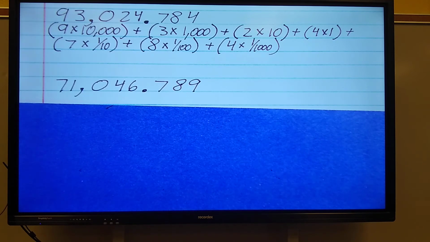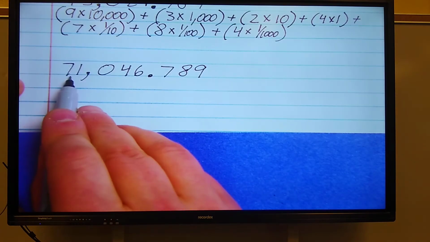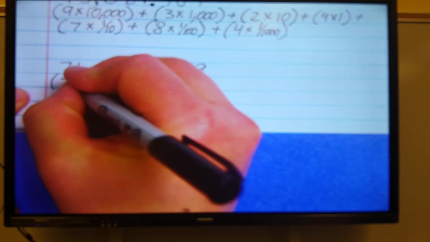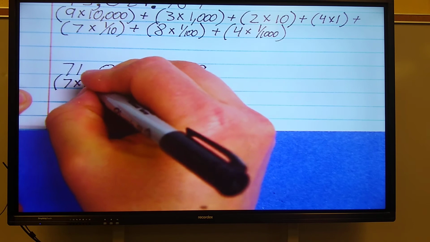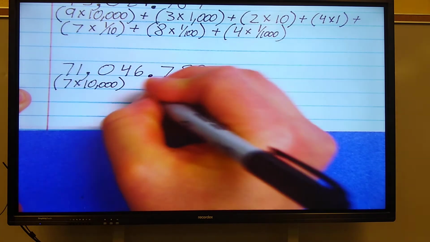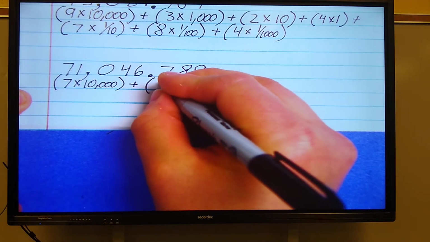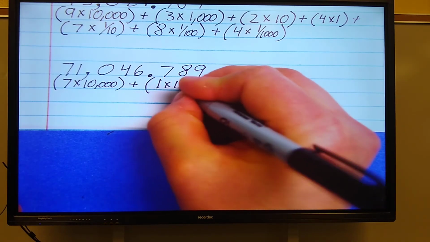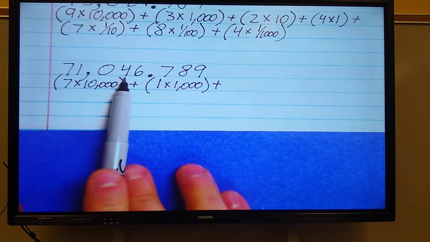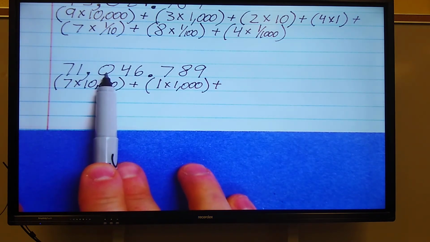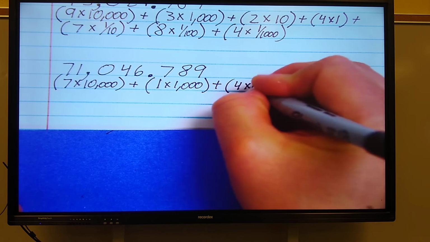All right. The 7 is in the 10,000s place. So 7 times 10,000. Plus 1 is in the thousands place, so 1 times 1,000. Plus 4, remember, I'm skipping the 0. 4 is in the tens place, so 4 times 10.